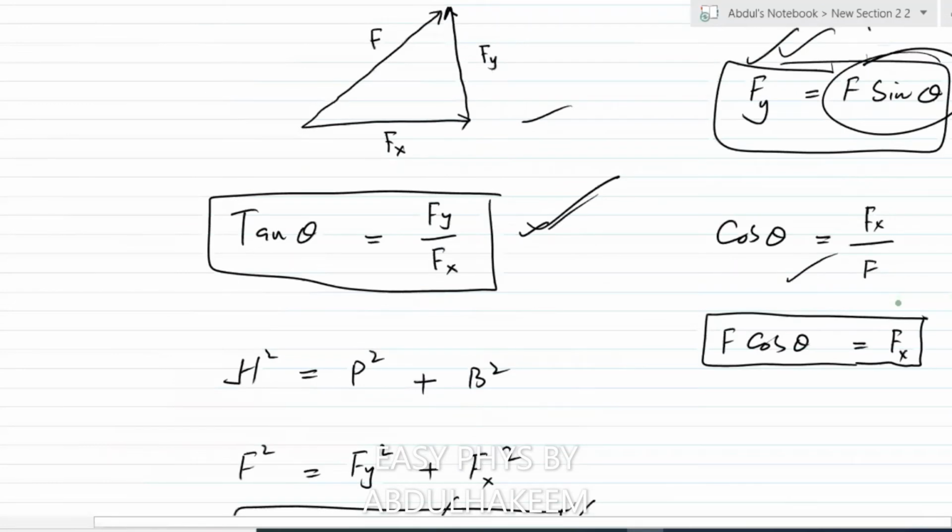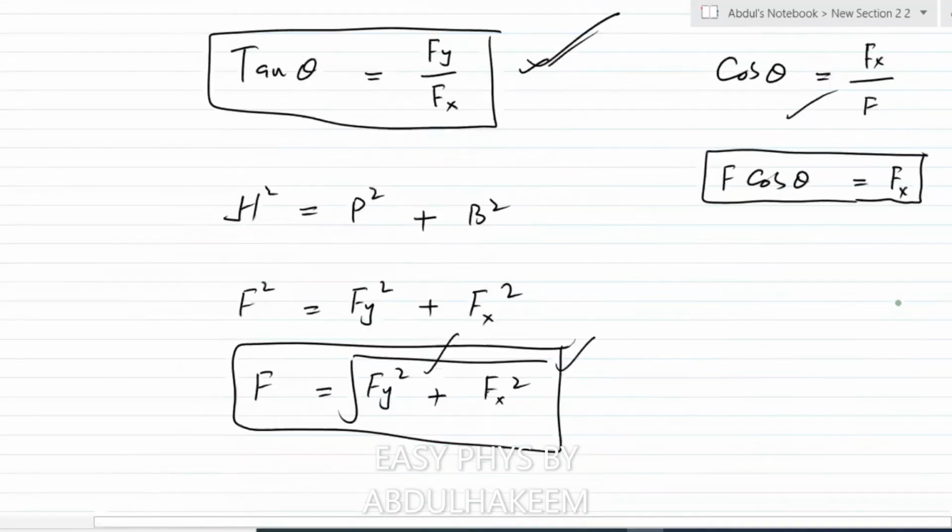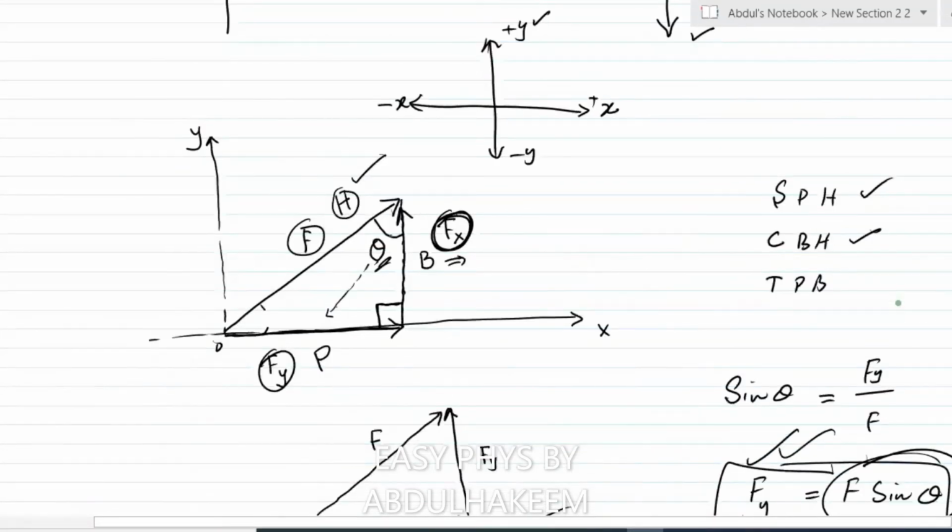So we have to remember the side adjacent to the given angle is the X component. This is very, very important.